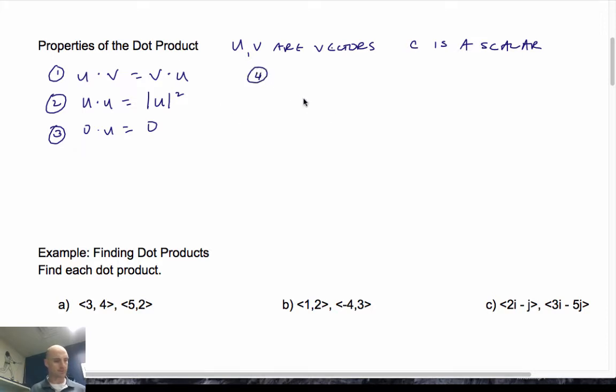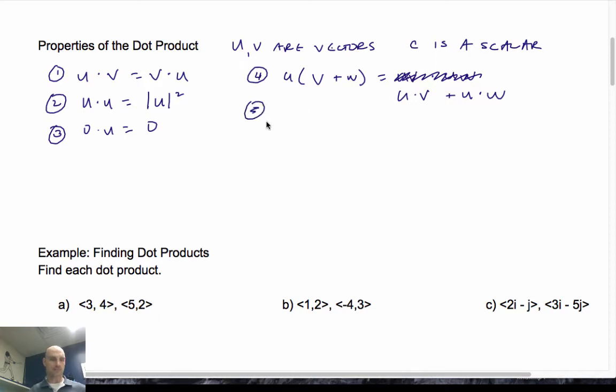Number 4: u dot (v plus w) is equal to u dot v plus u dot w.